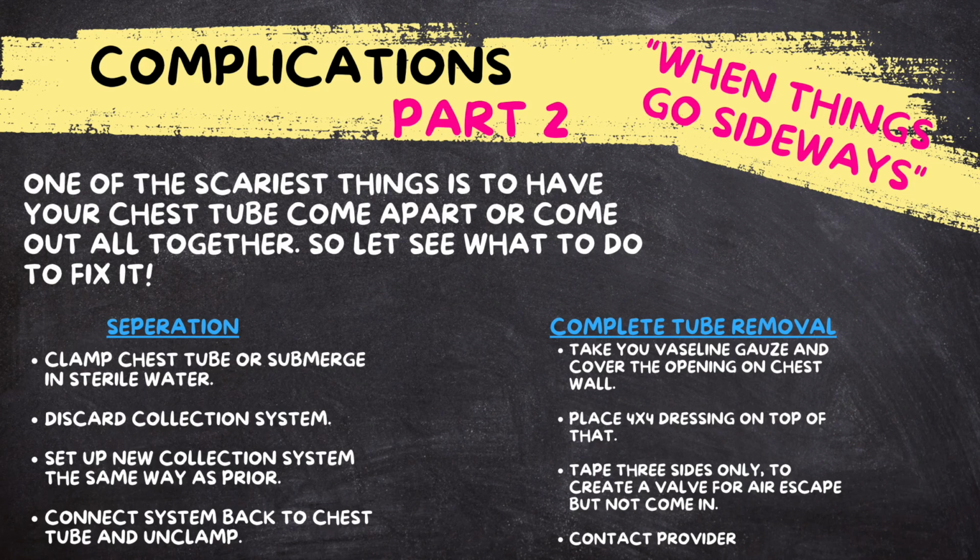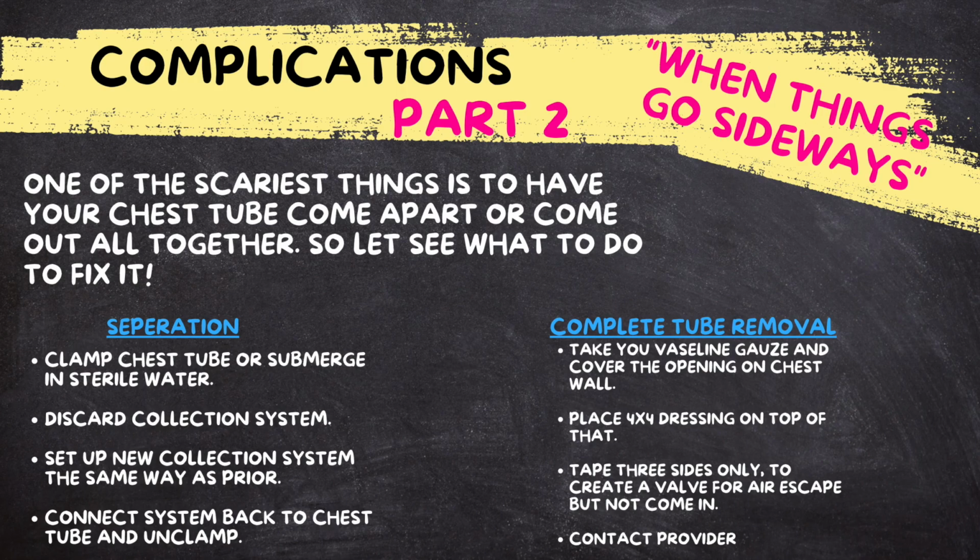You're going to put the Vaseline gauze over the hole, and then you're going to take a 4x4 dressing and put it on top of that. So it creates a layer over top of the Vaseline. And then you want to tape 3 sides, preferably with wide silk tape if you have it. And then you're going to contact your provider.